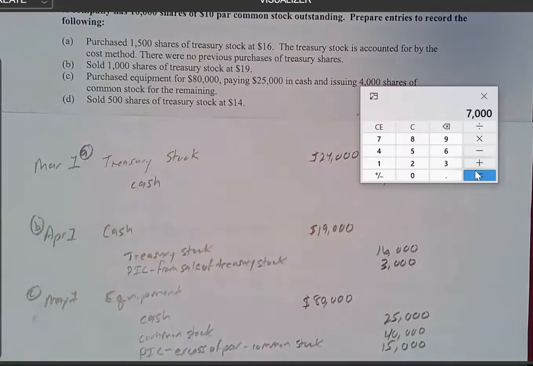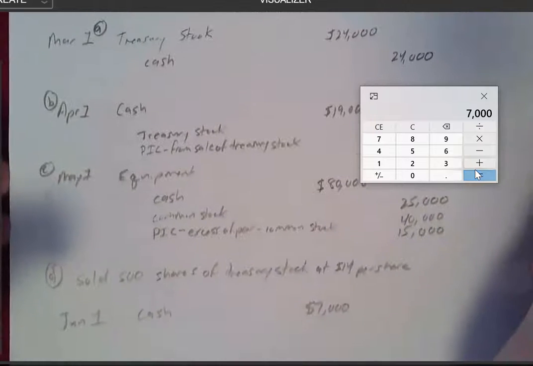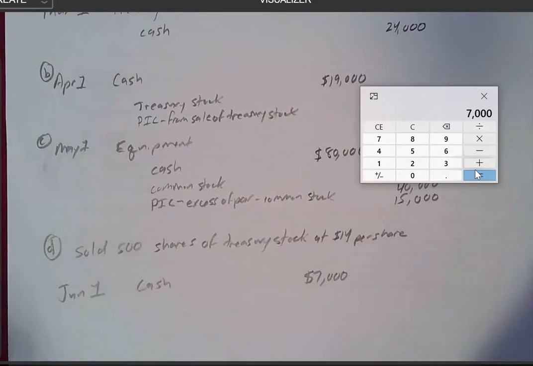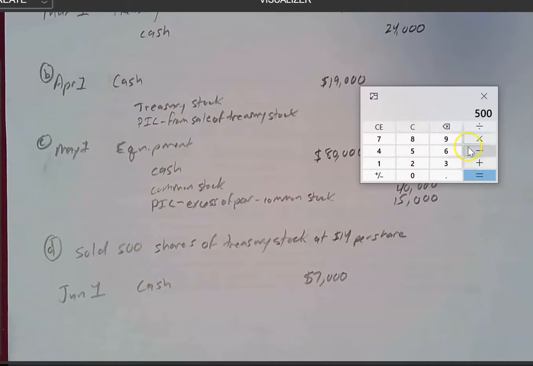Remember, we purchased this Treasury stock initially at $16 per share. So that's what we have to credit it for. So we no longer have 500 shares that at cost is $16.